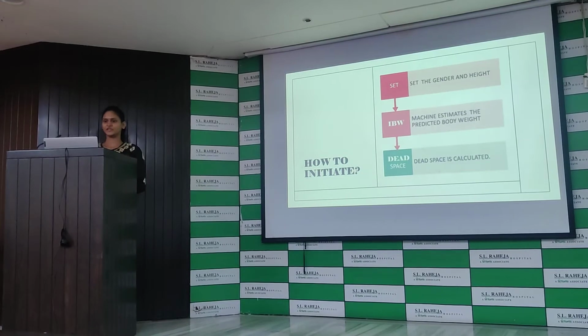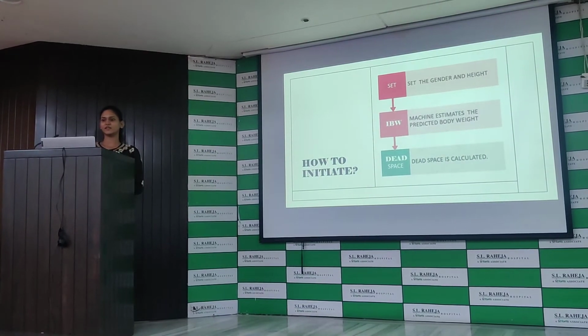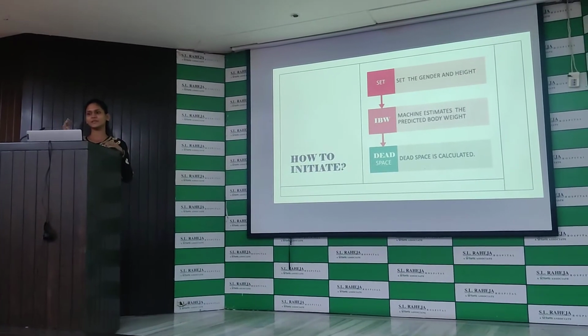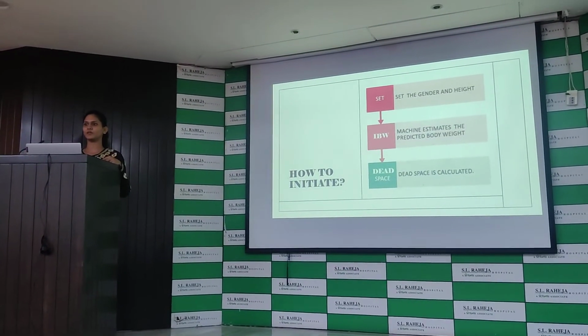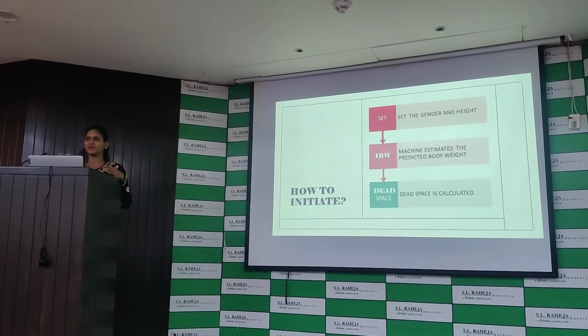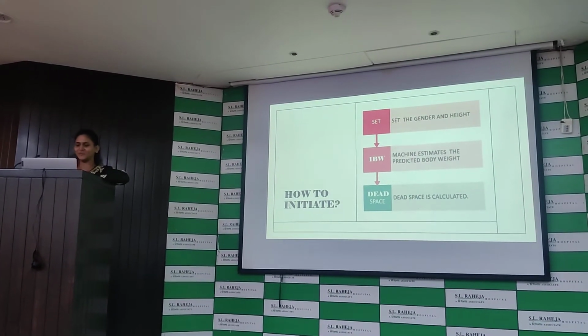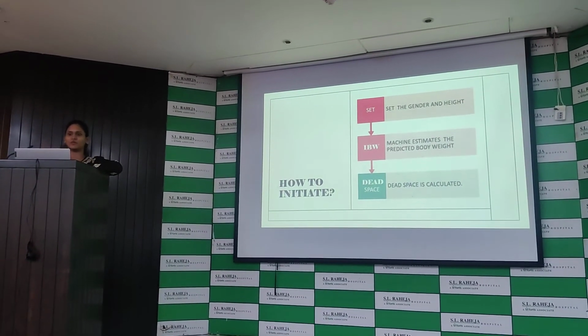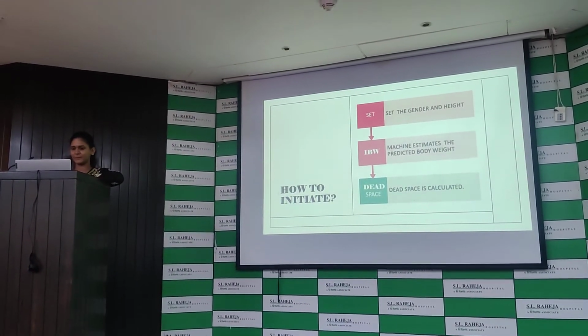Now how do we initiate? We first of all set the gender and the height. The machine estimates the predicted body weight with the algorithm, with the nomogram, and then it calculates the dead space, 2.2 ml per kg of the ideal body weight.